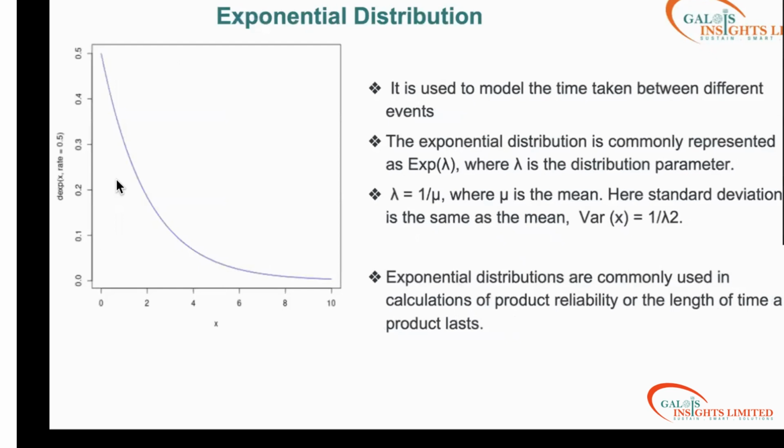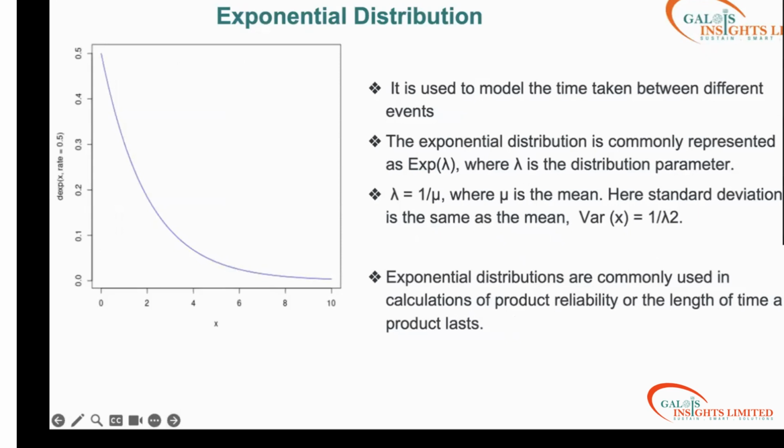The exponential distribution is another distribution. This is used to model the time taken between different events. It's commonly represented by exponential with lambda, where lambda is the distribution parameter, sometimes called the rate.